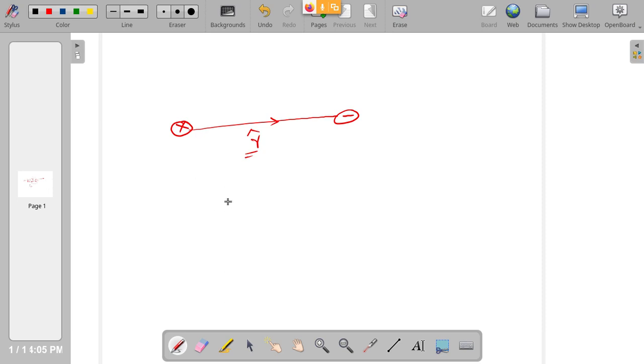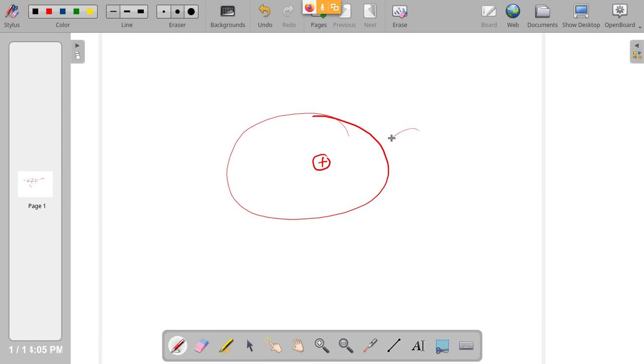Now, extending this concept, we arrived at what is called an electric field. For the electric field, how did we define it? We defined the electric field as a region surrounding the charge where, if you bring in any other charge q, that charge will experience a force.